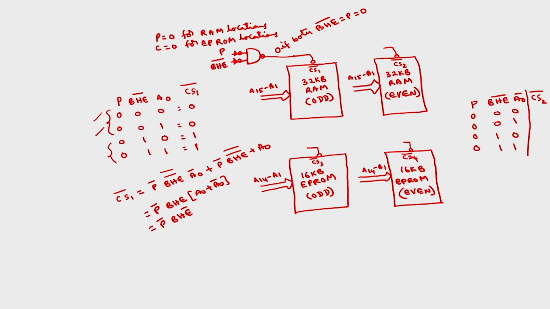So bus high enable is 0 means we should not select this chip because this is only the high bank. Both are 0, so you have to select. Here we do not select, here you have to select, here not select. This is the even bank. So Y0 is equal to 0, this you have to select, this you have to not select. Here BHE bar will get cancelled, so we will get the same in terms of P. You can verify that this output will be P and A naught.